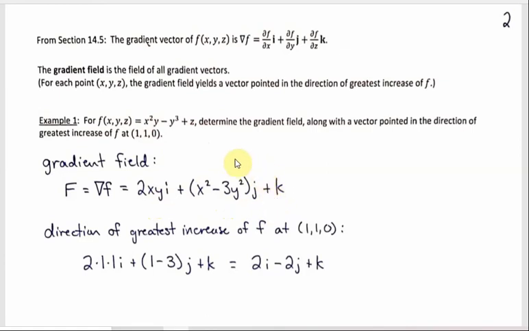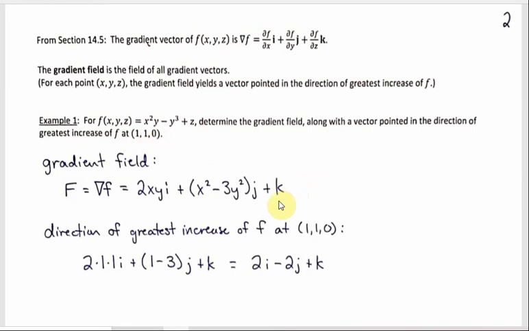And that's basically it. But then what does the gradient field do for you? For any point that you want to pick within its domain, the gradient field will give you a vector pointed in the direction of the greatest increase of f. That's the other part of this example. If you want a vector pointed in the direction of greatest increase at the point (1, 1, 0), you would figure out what the gradient field is, and then substitute in.